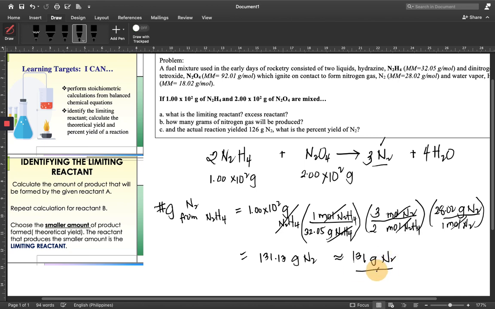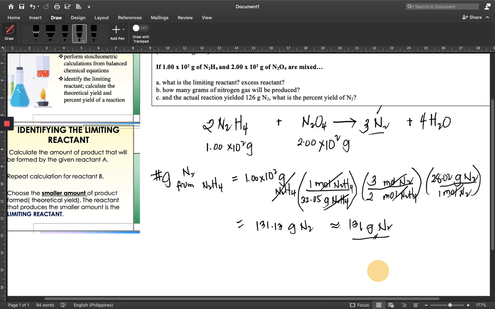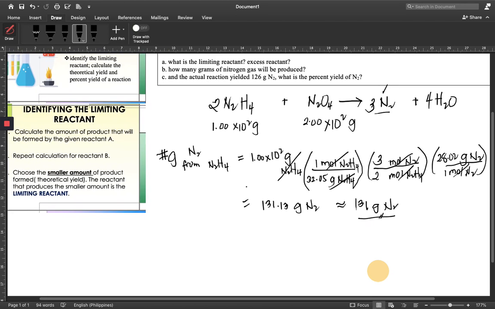Now hold this yet, because we still have to calculate the grams of N2 from the other reactant, which is basically our next step. Okay, so we repeat the calculation for reactant B. So in here, we will be having number of grams of N2.